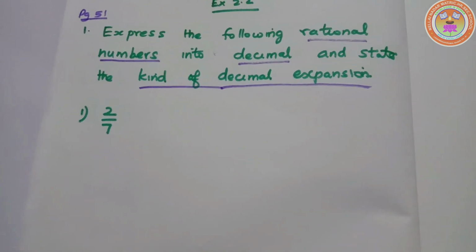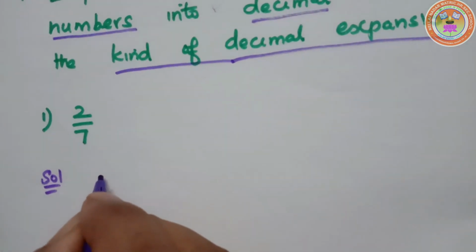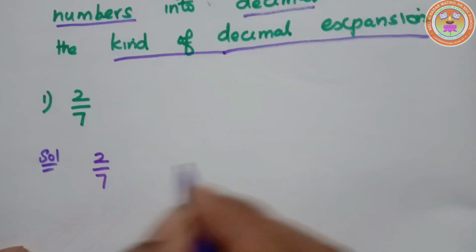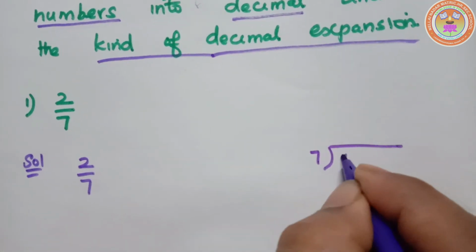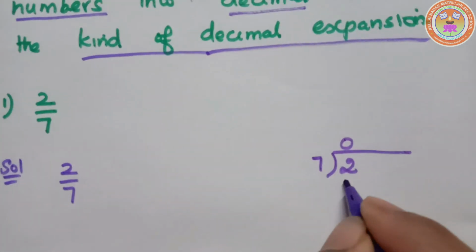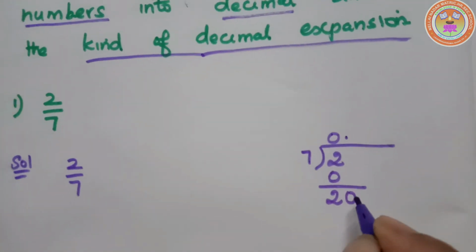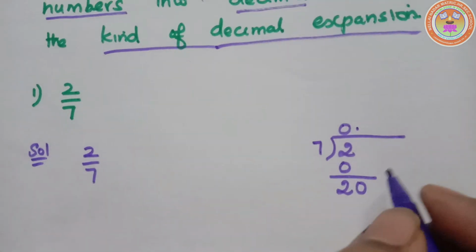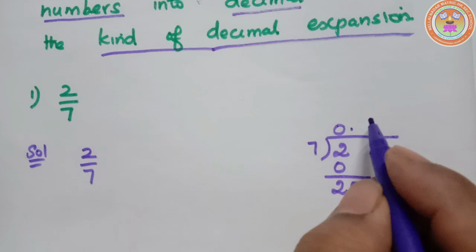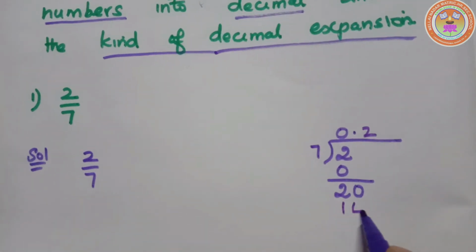Solution. So you take 2 by 7. Now 7 into 2. How many times? 0 times. So 2, make a decimal point and take 0, right? So how many times 7? 7 ones are 7, 7 twos are 14.